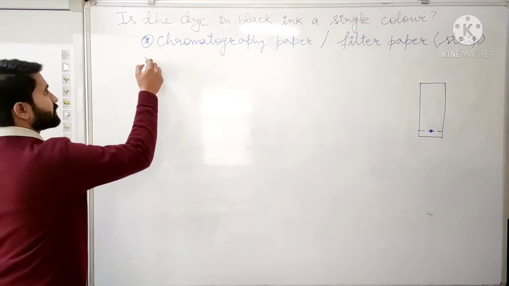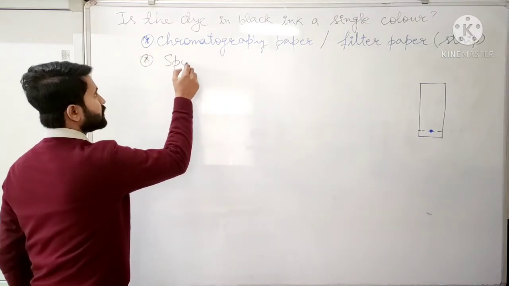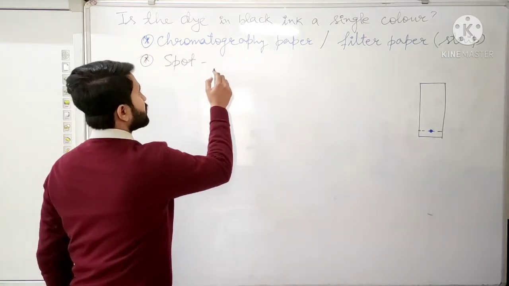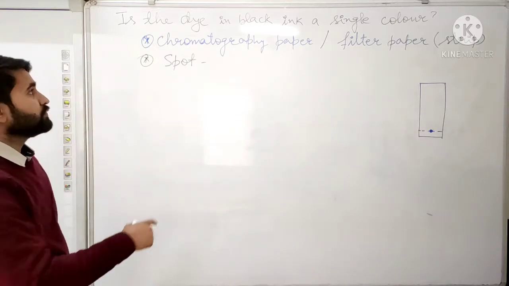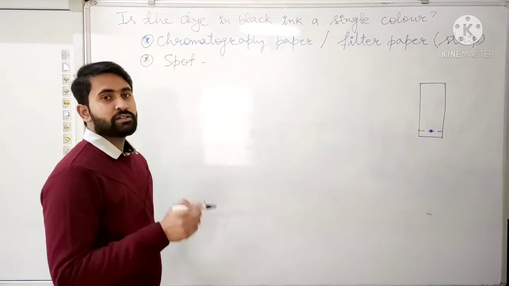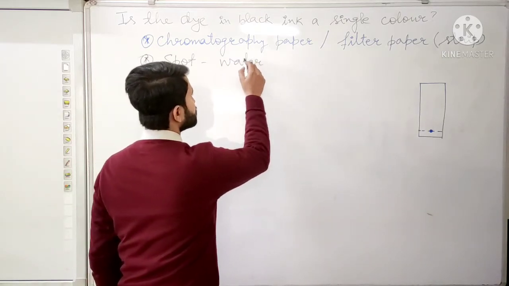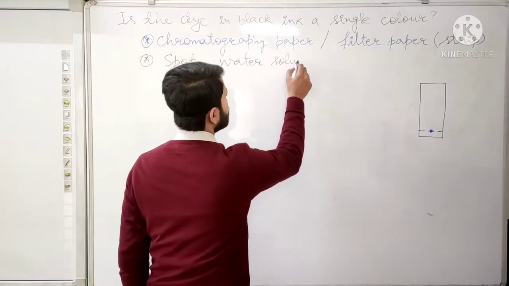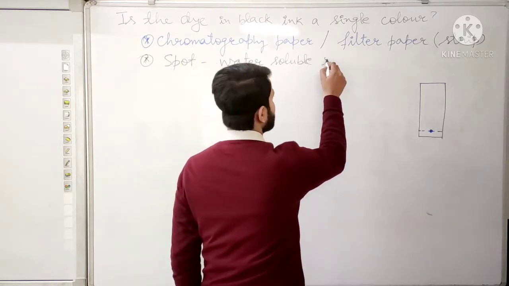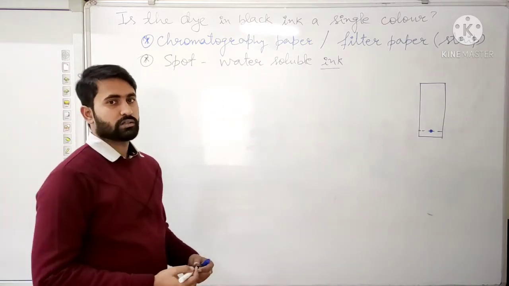So after taking the chromatography paper, we made a spot. The spot is of black ink or blue ink, but this ink should be water soluble, which means it is soluble in water.